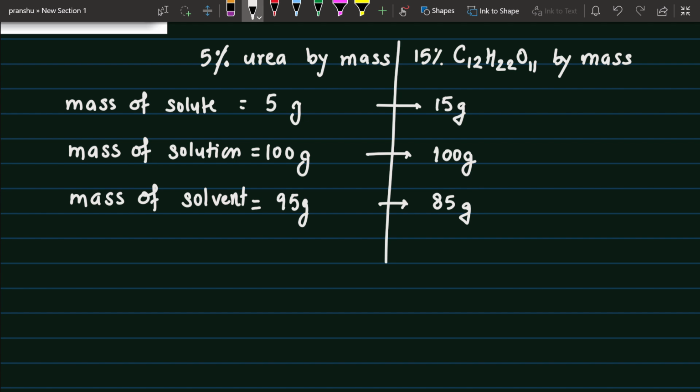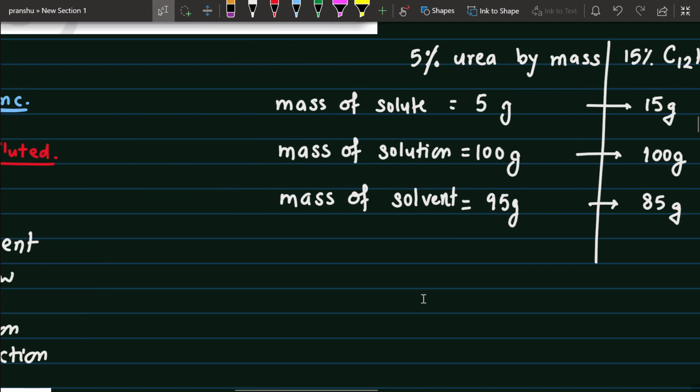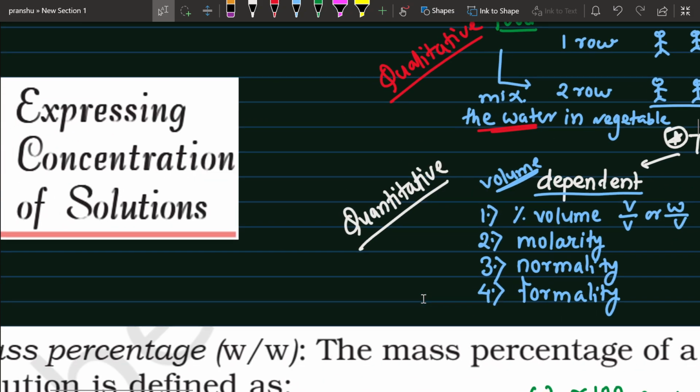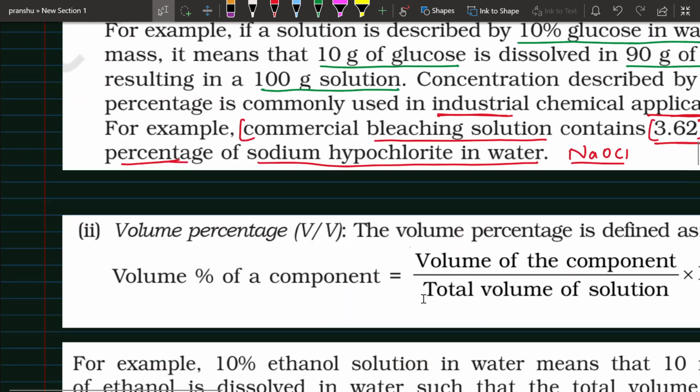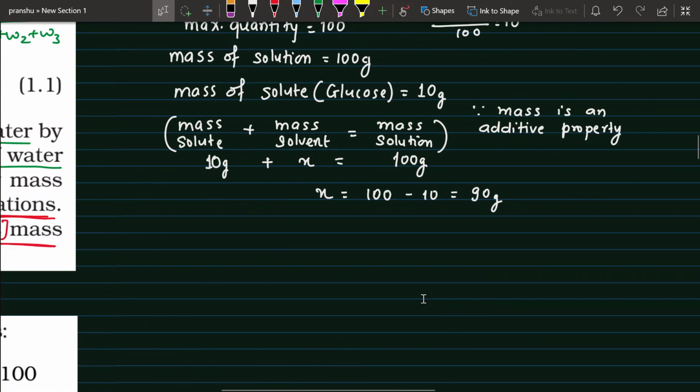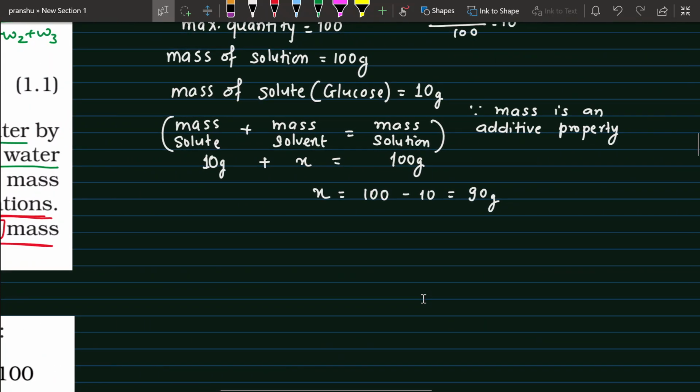By this way we can assume the numericals. Suppose that we are taking one numerical on percentage mass.